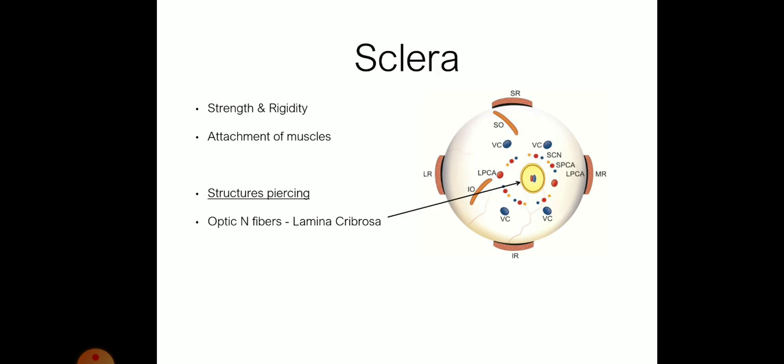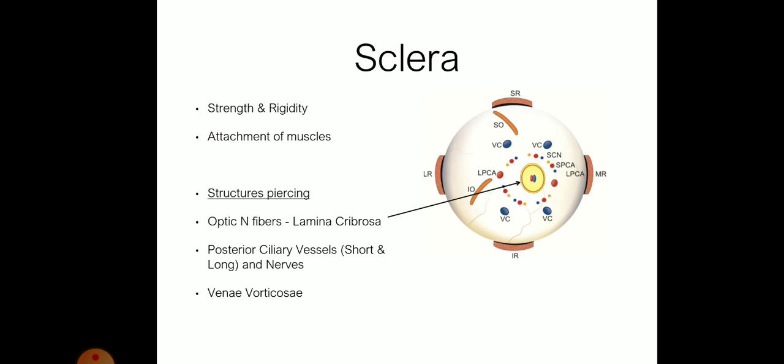Along with that, the nerves are the short ciliary nerves. All these will be piercing the posterior aspect around the lamina cribrosa, or the optic nerve. Then, in between the muscle attachment and this lamina cribrosa, you can see some veins, 4 or 5 veins.